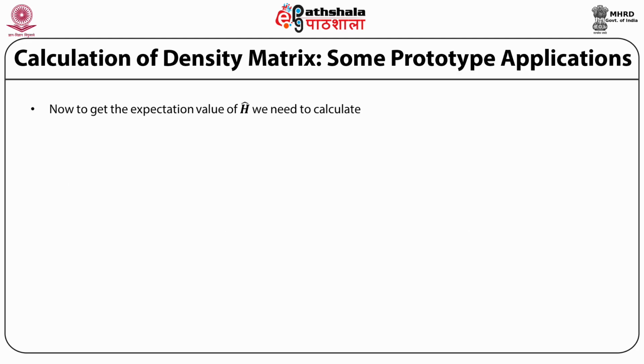Now, to get the expectation value of the Hamiltonian operator H, we need to calculate the trace of the Hamiltonian operator multiplied by e raised to power minus beta Hamiltonian operator, divided by the trace of e raised to power minus beta Hamiltonian operator, which is equal to the negative of the partial derivative of log of trace of e raised to power minus beta Hamiltonian operator with respect to beta.